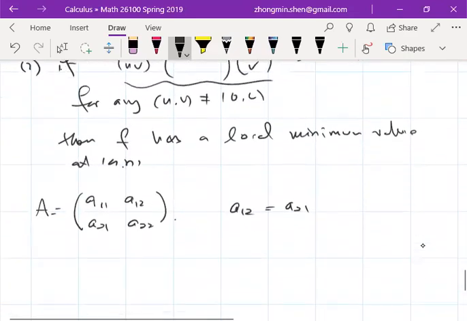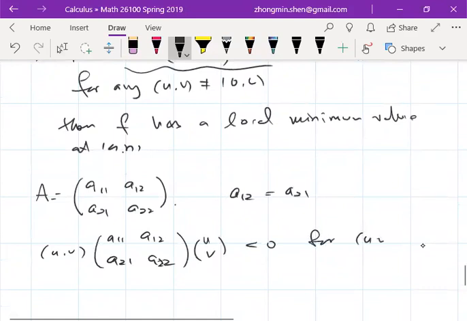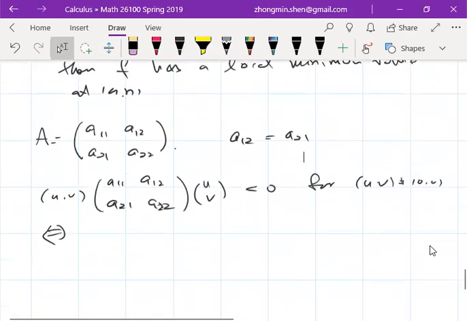How do I check this one is true? From linear algebra, this is negative for any u v not equal to 0 if and only if the eigenvalues of this matrix are negative. So the eigenvalues lambda 1, lambda 2 are both negative. But how can I see that from the matrix?